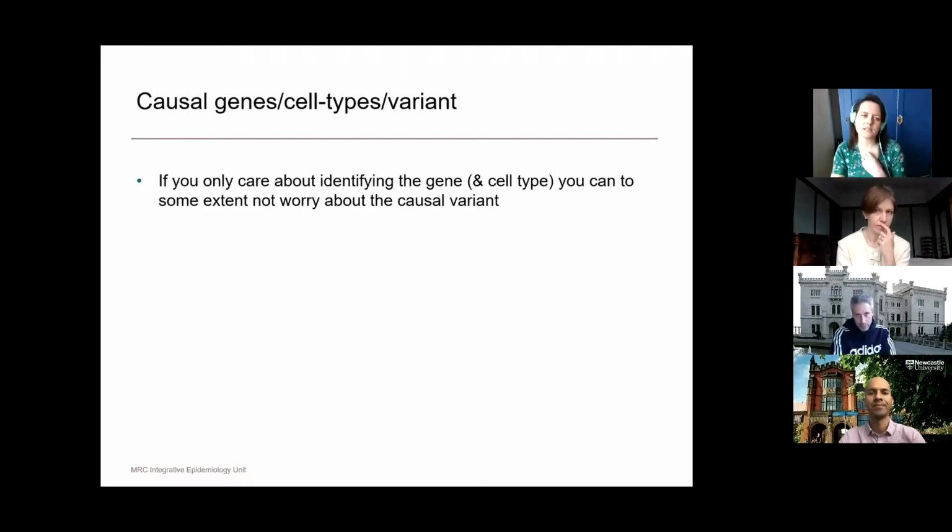I just want to say here that I've focused on causal genes. I mentioned causal variants early on, but really I've concentrated on causal genes. That's because if you care about identifying the gene because you care about drug targets, to some extent you don't need to worry about the causal variant.